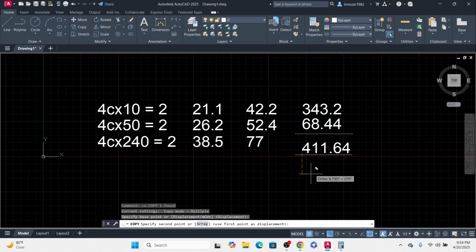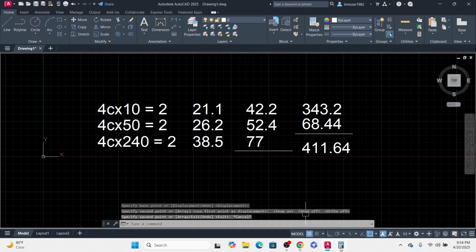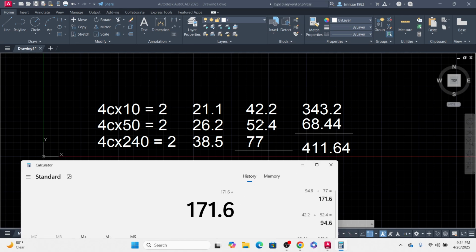What I did was total all of this: 42.2 plus 52.4 plus 77, so 171.6. This is only the cable diameter. So I keep each cable's diameter with one cable's space between.